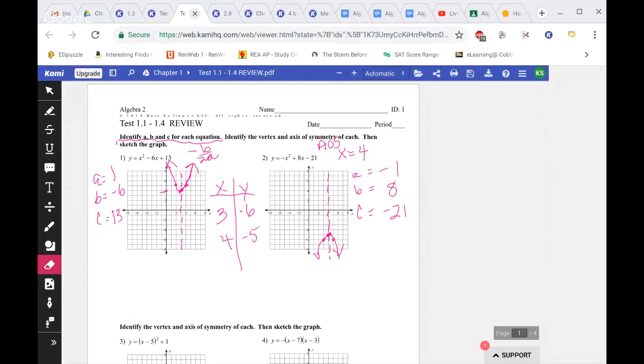Let me see. Hold on. Let me see if I have it. Because I don't believe I do. Anyway, I don't believe I have it at all. Uh-oh.